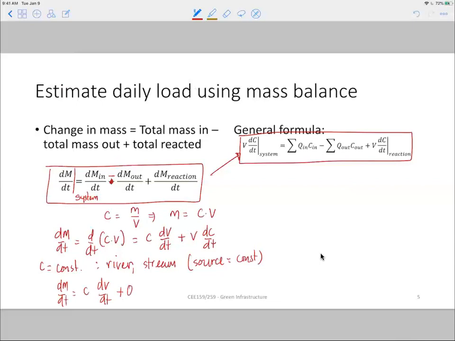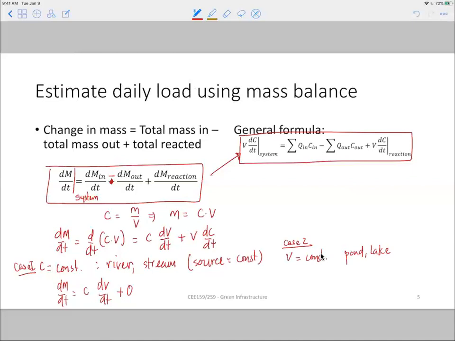But at the same time, if you think of volume, so this is case 1. The case 2, when volume is constant. And this is typically true if you are thinking of a pond or a lake. Typically, you can assume the total amount of volume is constant.